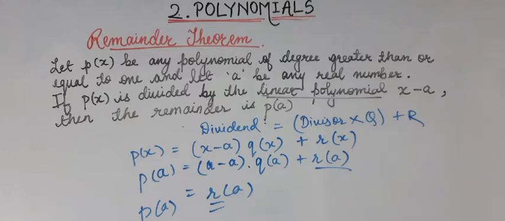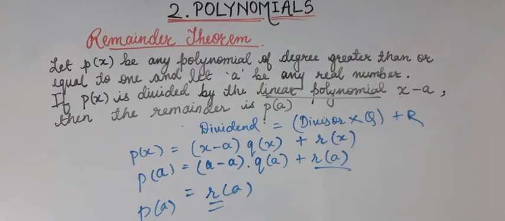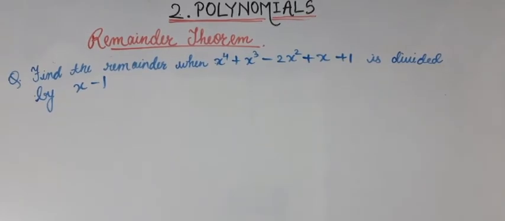So now your idea will be more clear if we take one example. So this is the question. Find the remainder when x raised to 4 plus x cube minus 2x square plus x plus 1 is divided by x minus 1. Nothing is given in the question whether to solve it with the remainder theorem or by the long division method, so we can use either.